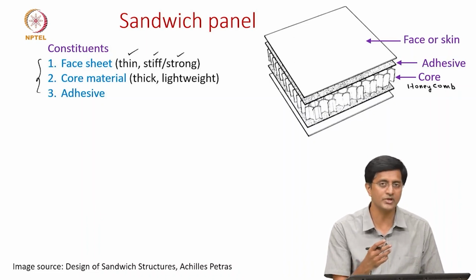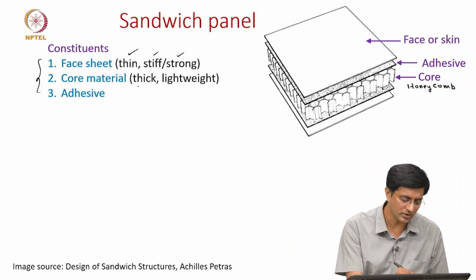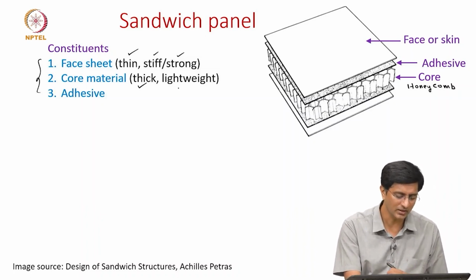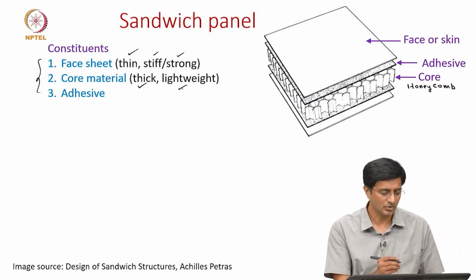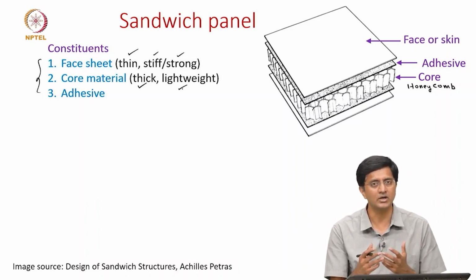These face sheets can give you high strength and stiffness. For the core material, usually the thickness is very high, and we choose a material which is lightweight. Now let's see what is the advantage of the sandwich panel and how it achieves a lightweight structure.